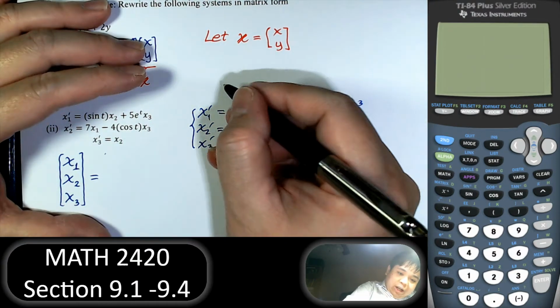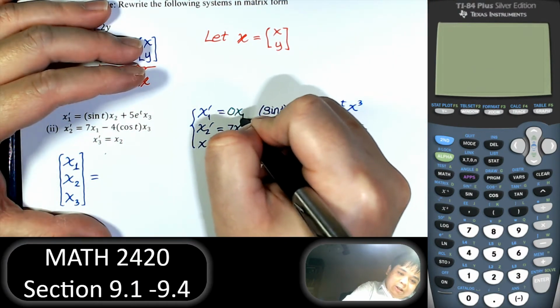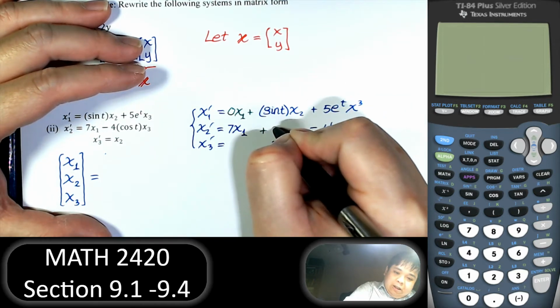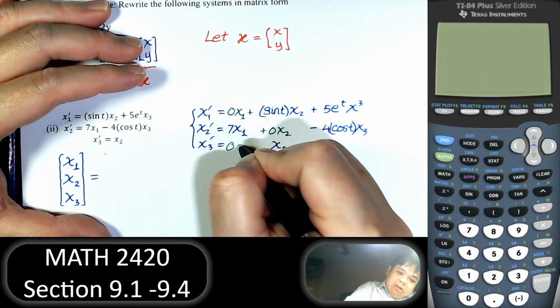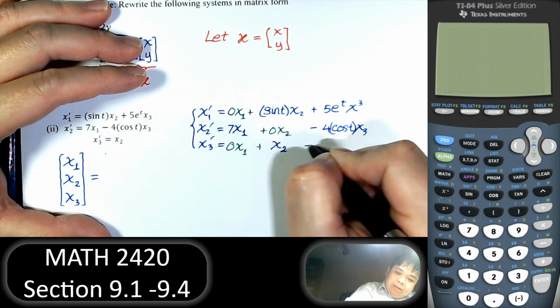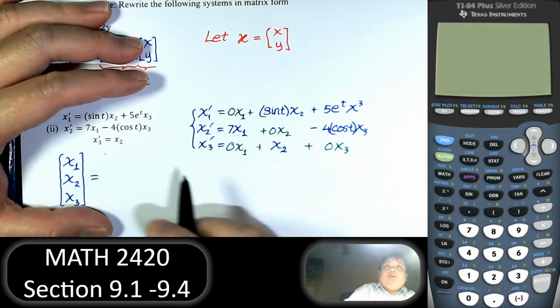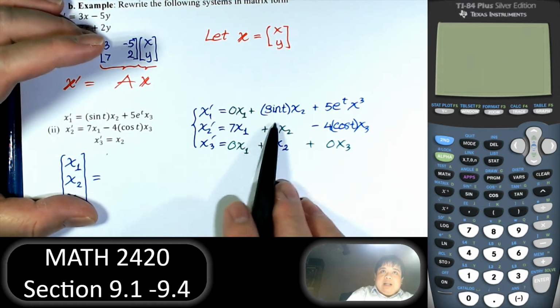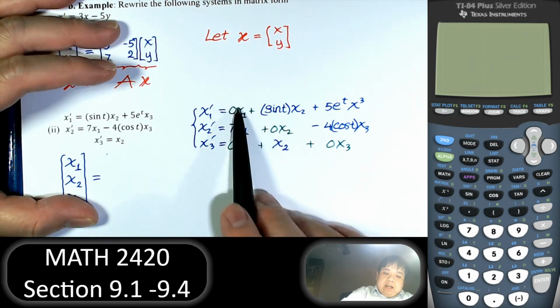If we want to, we can say it is 0x1, 0x2, and 0x3. Of course, we can put in a 0 where there's a missing entry in that column.